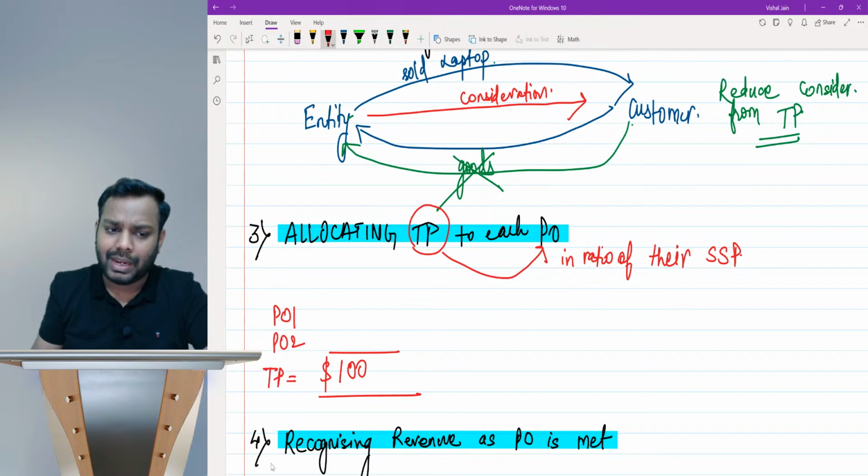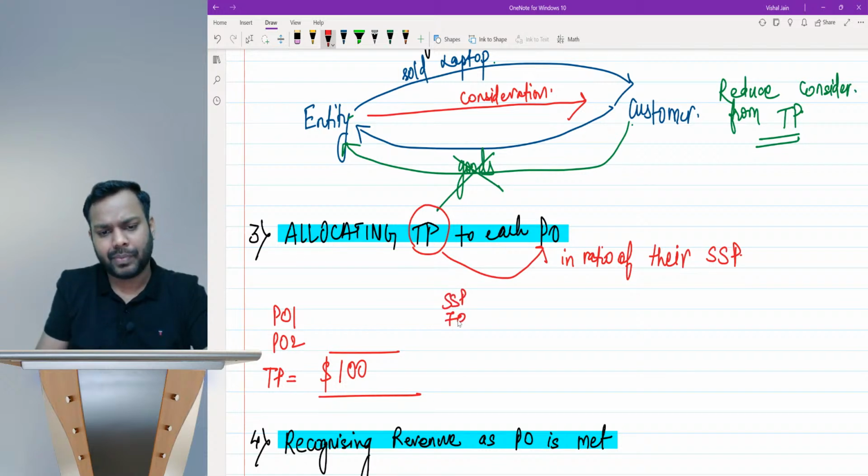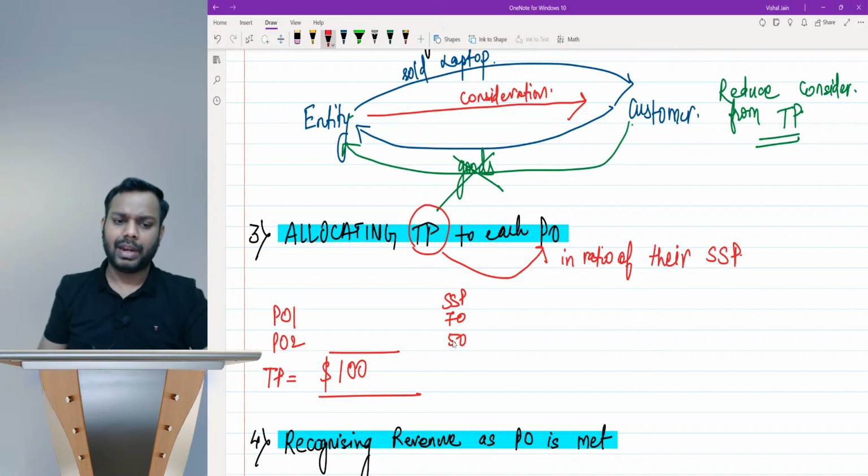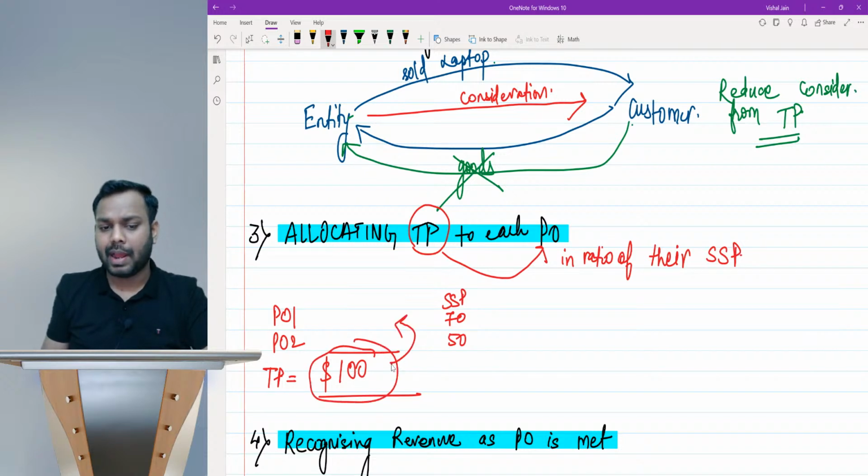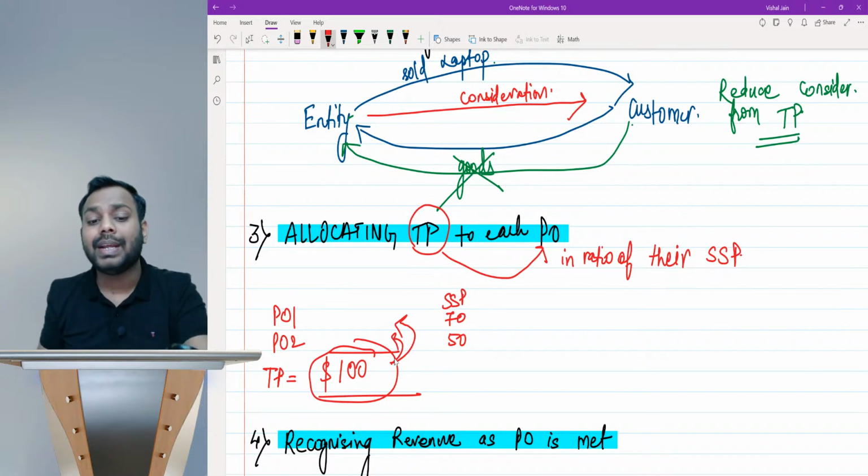But individually, performance obligation number 1 is sold at a price of 70 and performance obligation number 2 at a price of 50, right? So the question that comes up is, how will you allocate this $100 to performance obligation number 1 and to performance obligation number 2? The answer is in the ratio of 70:50.